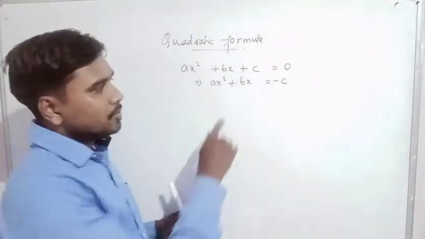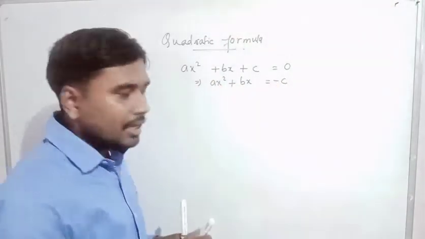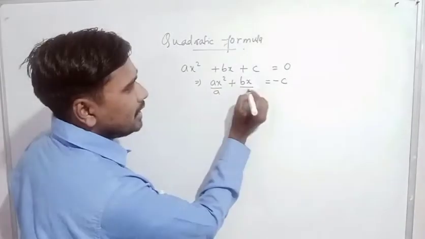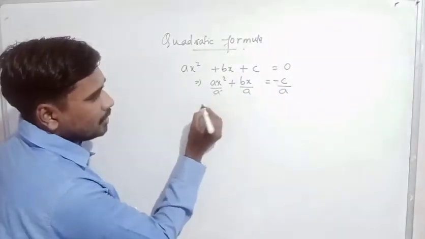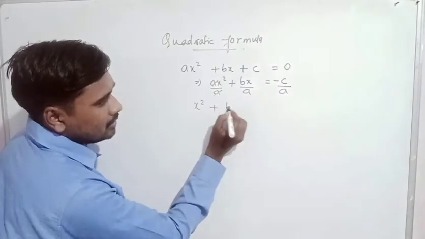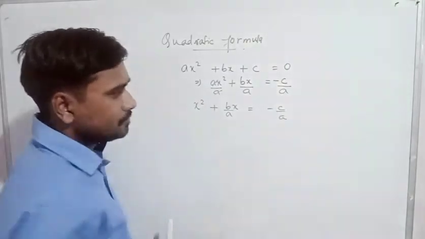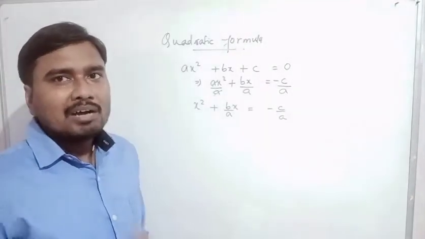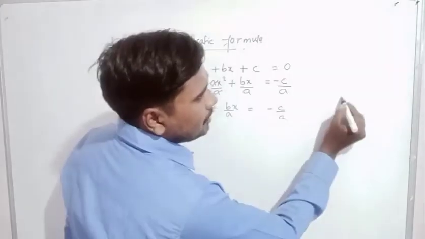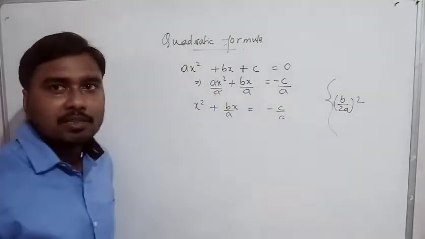Now we will divide by a on all terms. So it will be x square plus bx by a is equal to minus c by a. Now on both sides we have to add b by 2a whole square. In both the sides we have to add this part.